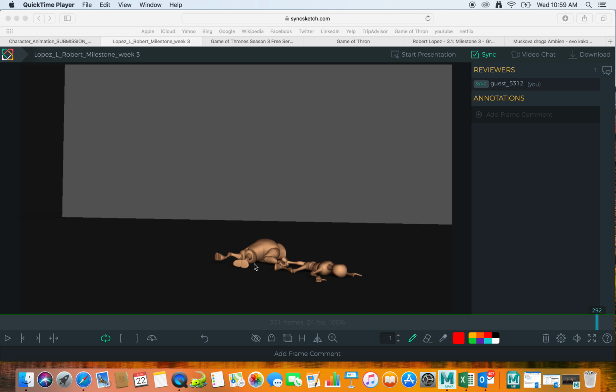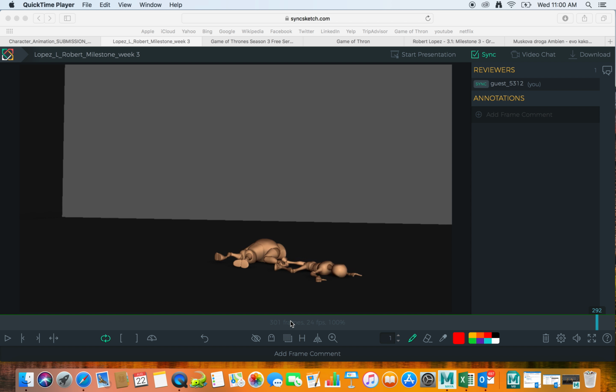That's why I have two proposals. One would be that you cut your scene, maybe even halfway, and then focus on doing that first half really well.